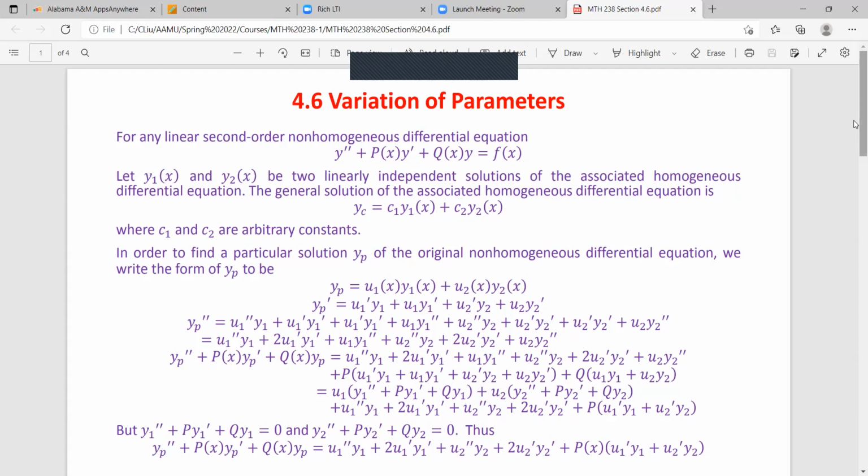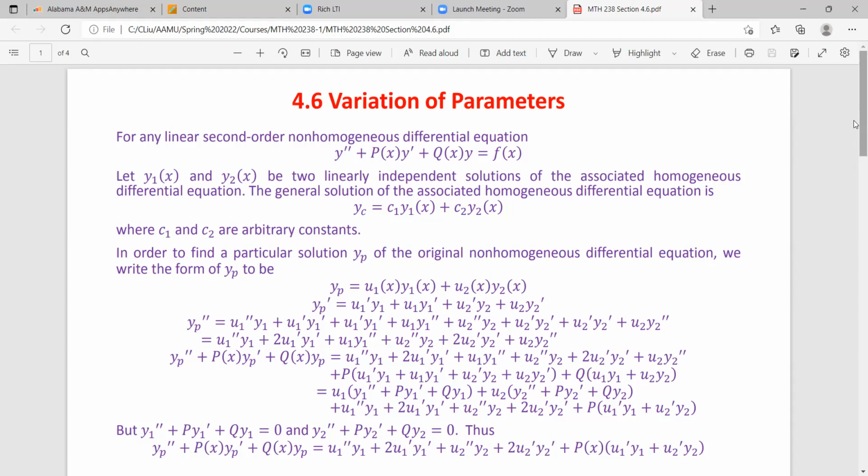So u1 and u2 cannot both be constants, because that would just give a solution to the associated homogeneous equation, not the non-homogeneous equation. So u1 and u2 have to be functions. Okay.